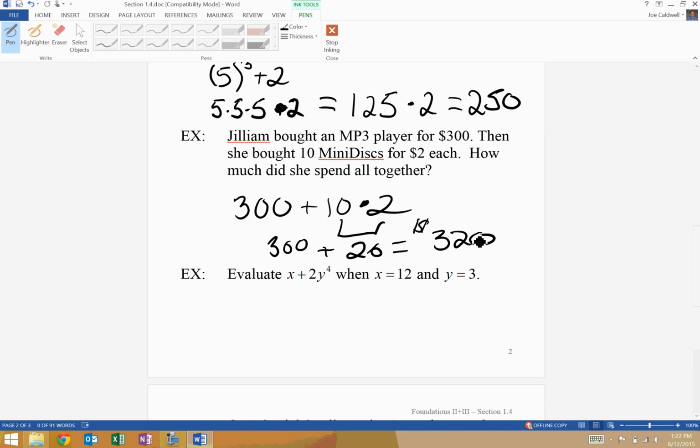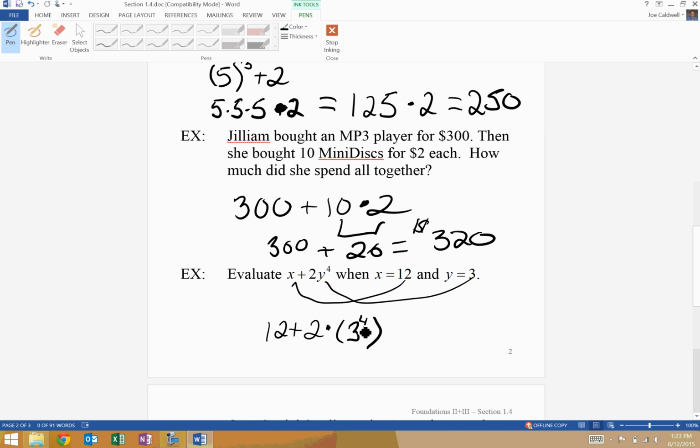All right, evaluate x plus 2y to the 4th, and we have some things to plug in. So we have 12 plus 2. Remember, when things are smushed together, that means multiply. I always like to put things in parentheses, so 3 to the 4th power. We have multiple things to do here, so we should first figure out what our operations are.